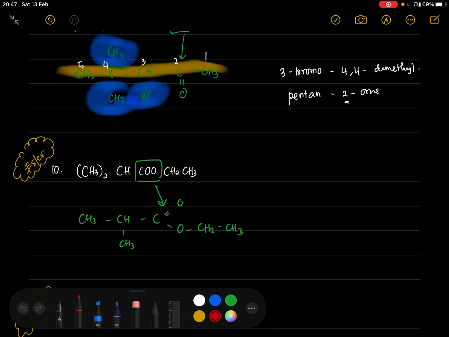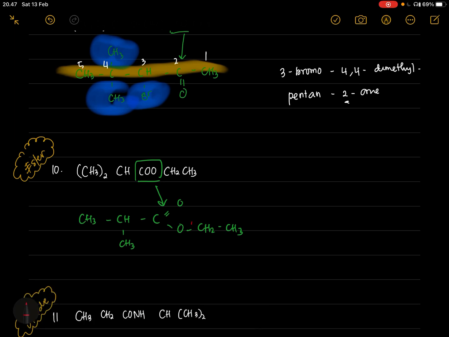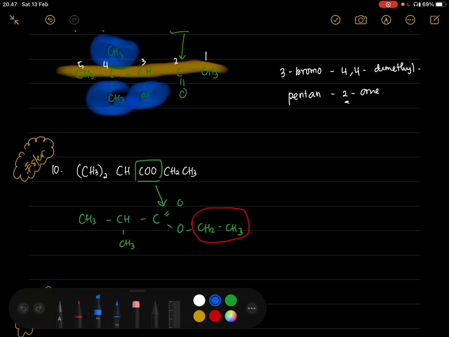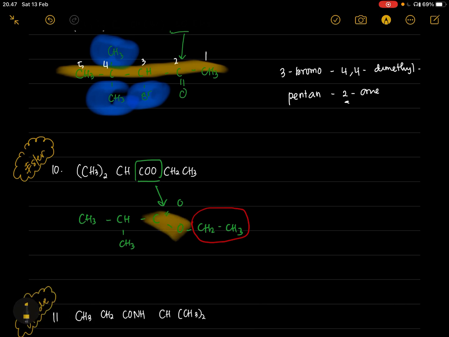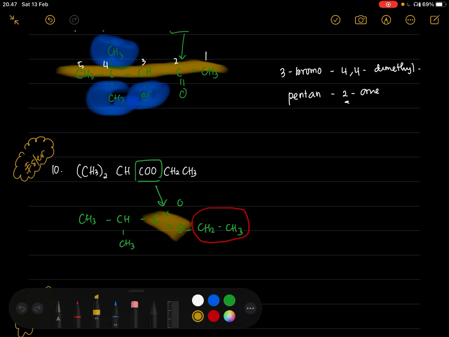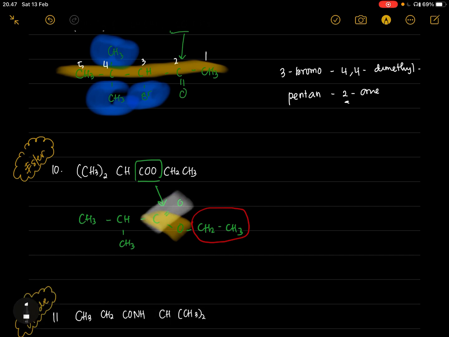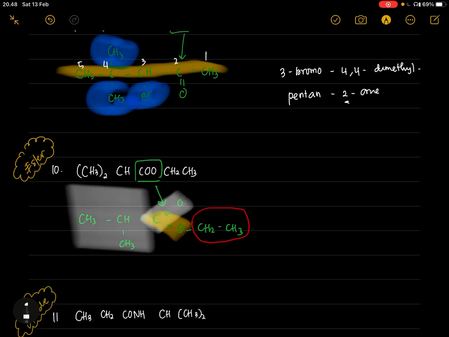Here the branch is the alkyl which comes after the CO, after the single O. And the parent chain is before the C=O double bond. So this one would be the parent chain.